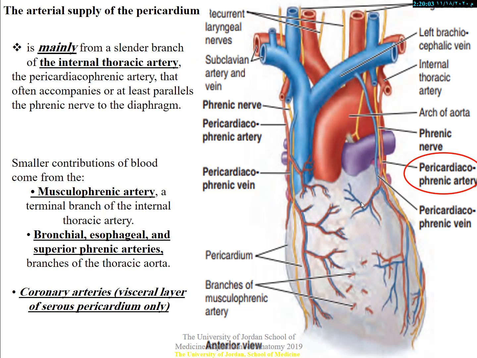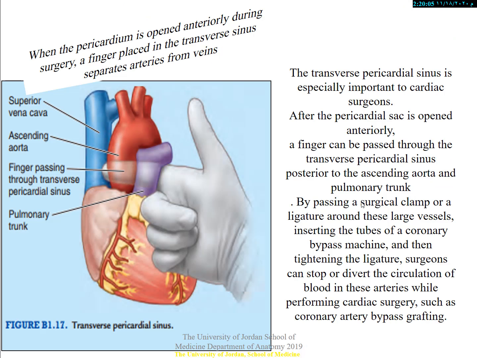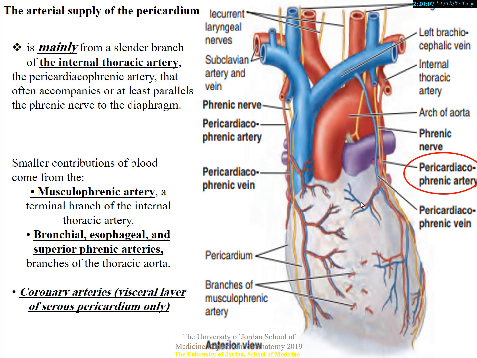Now, as you can see in this diagram, the arterial supply to the pericardium. The main artery is the internal thoracic artery.